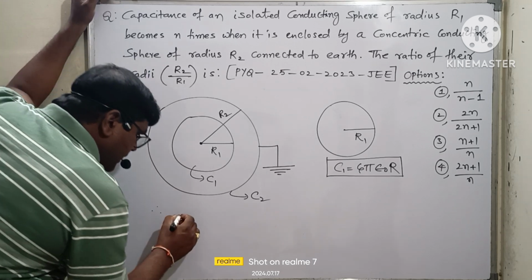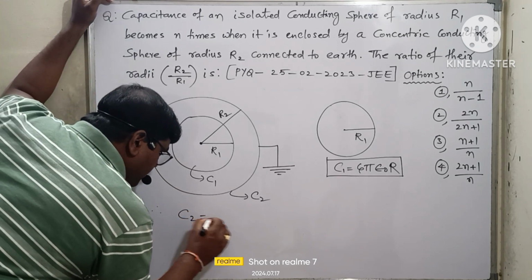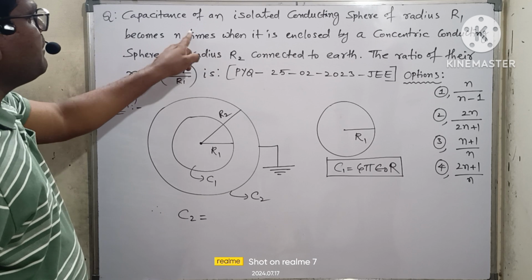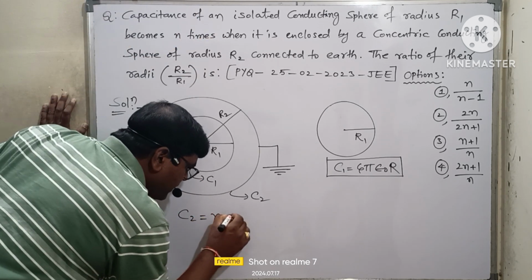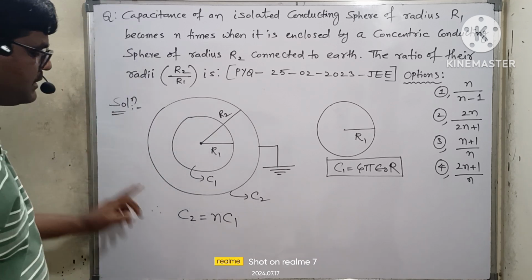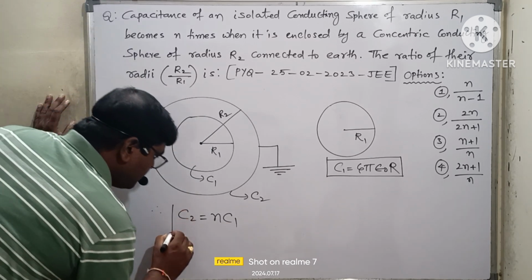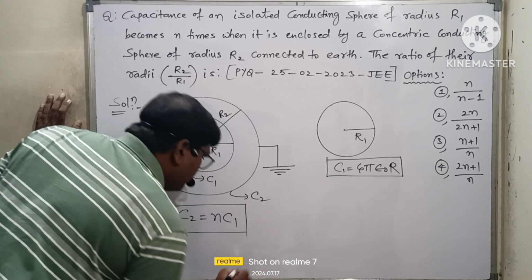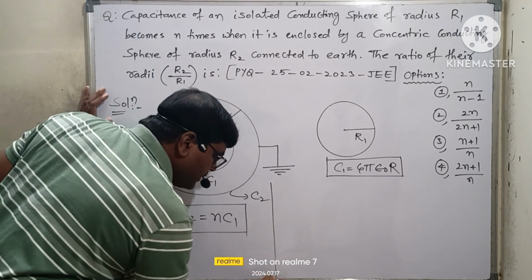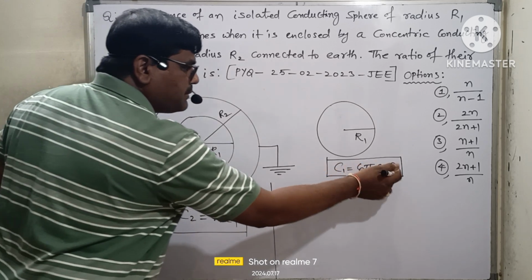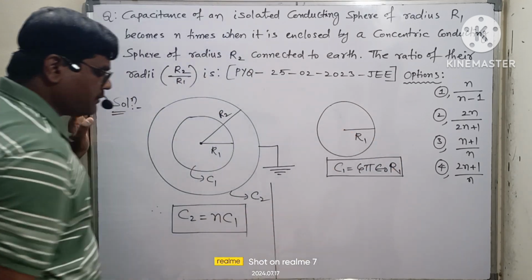Now what we get is that C2 is equal to n times this one, nothing but n into C1. This is given in the question. C2 is equal to n into C1. What is C1? C1 is 4 pi epsilon naught into R1, of course.